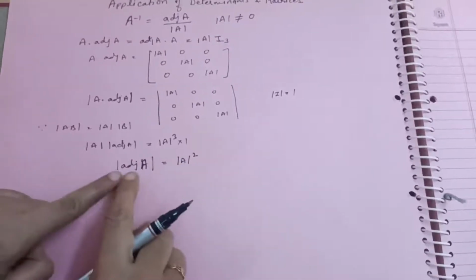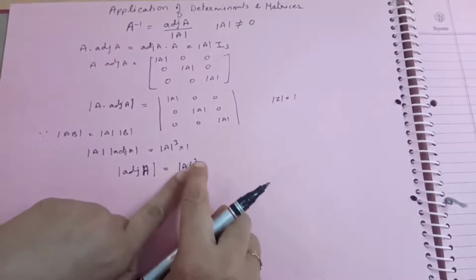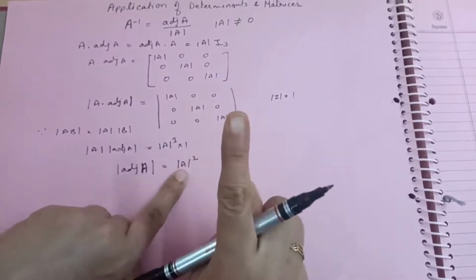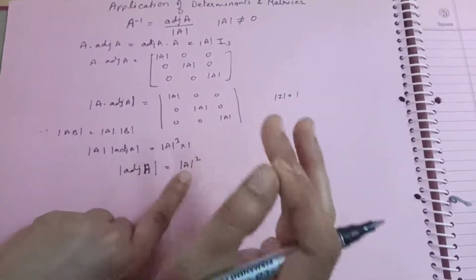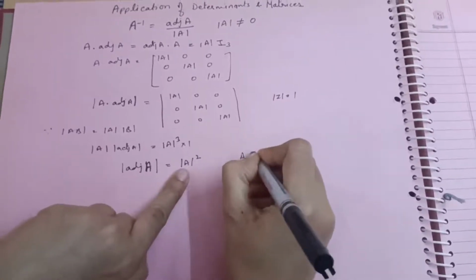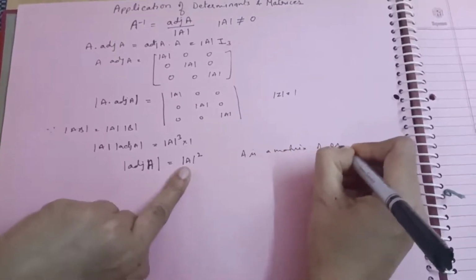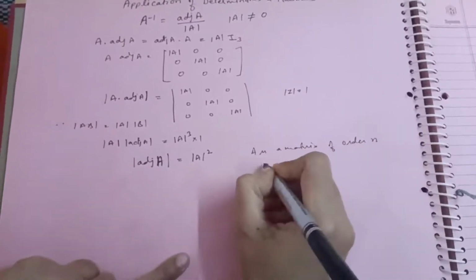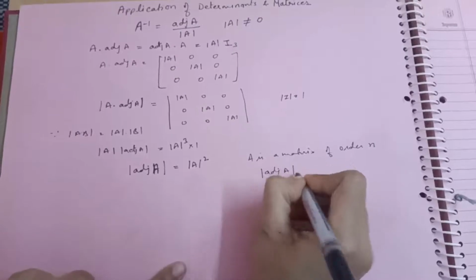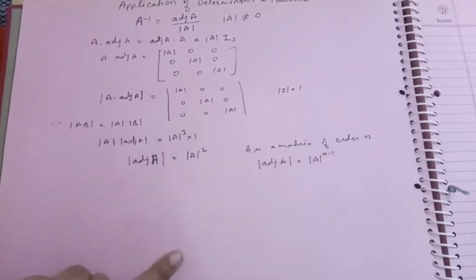This question comes: determinant of adjoint A is equal to determinant A to the power one less than the order. If A is a matrix of order n, then determinant of adjoint A will be determinant A to the power n minus 1.